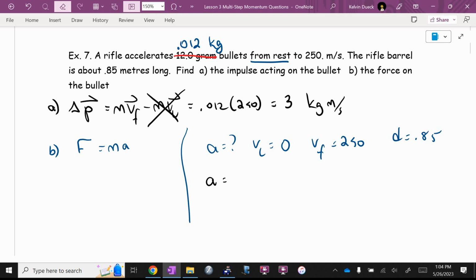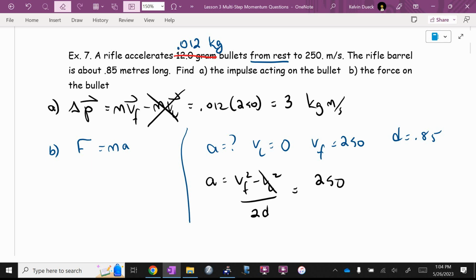Much like a Star Wars sequel, just lower my expectations. So VF squared. Or I think now more recently, much like an Indiana Jones sequel, just lower your expectations. VI is 0? Well, that's a bonus.